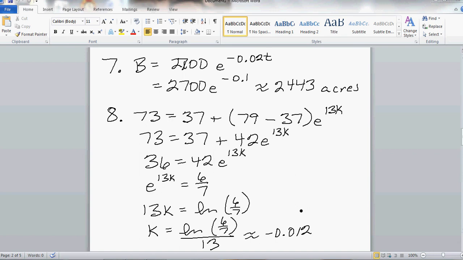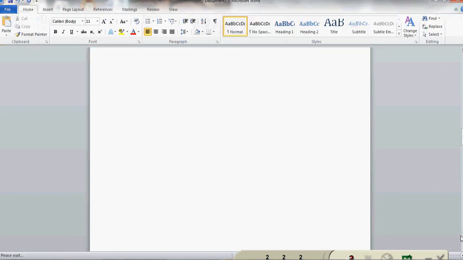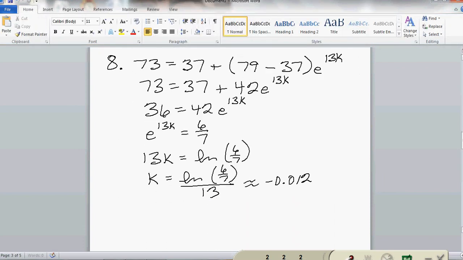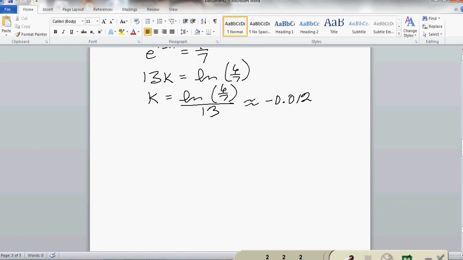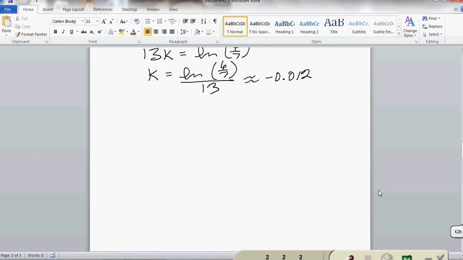Now what we have to do is determine when the final temperature will be 57. So we've found what K is, negative 0.012, and now we have to put it into Newton's law of cooling once again.